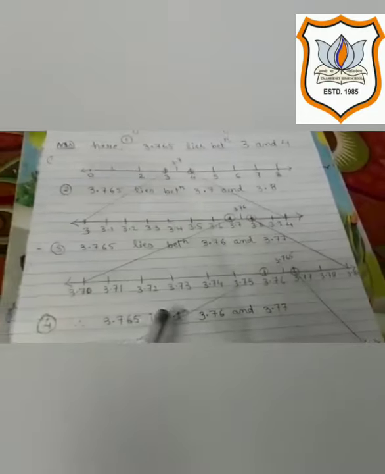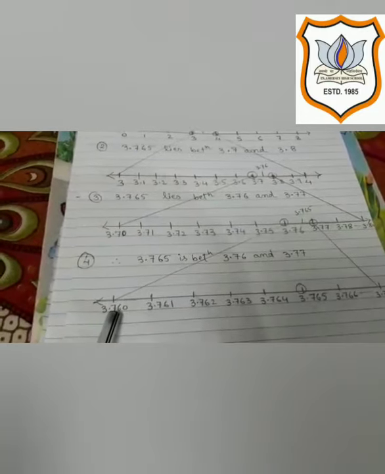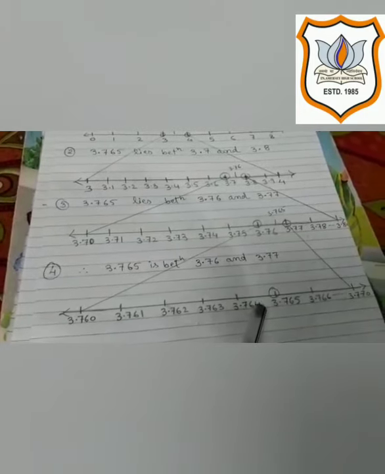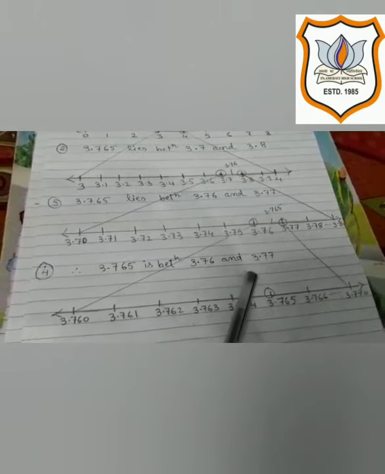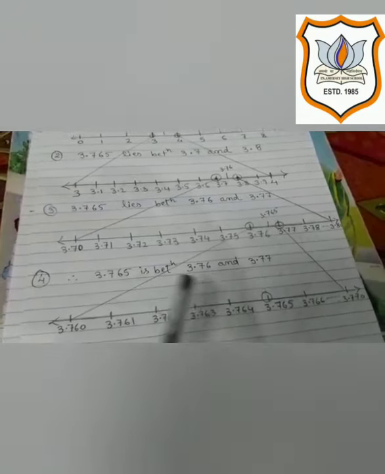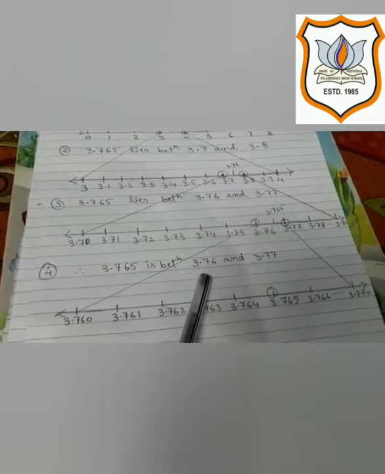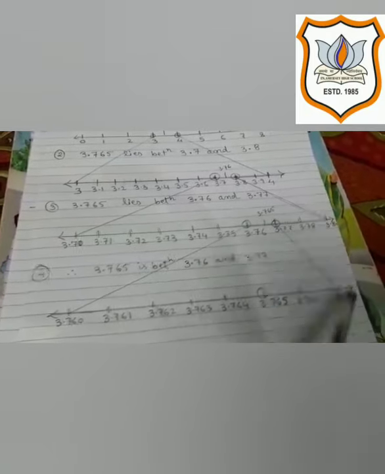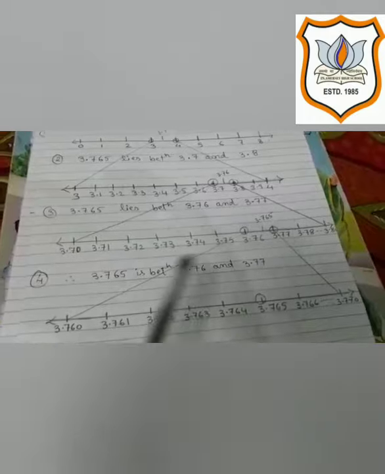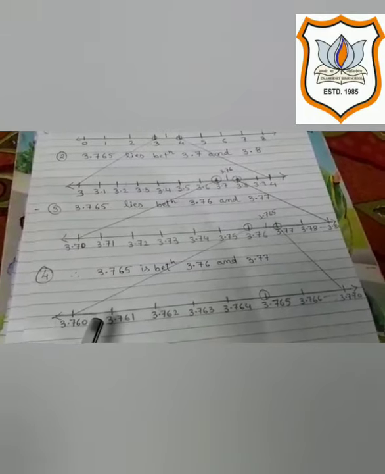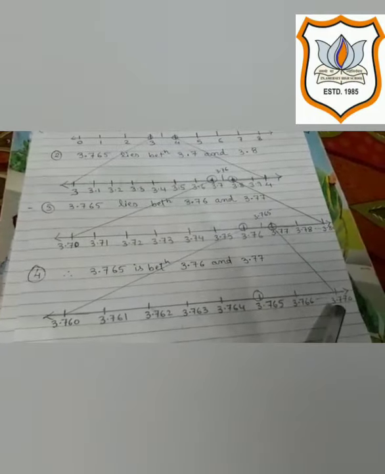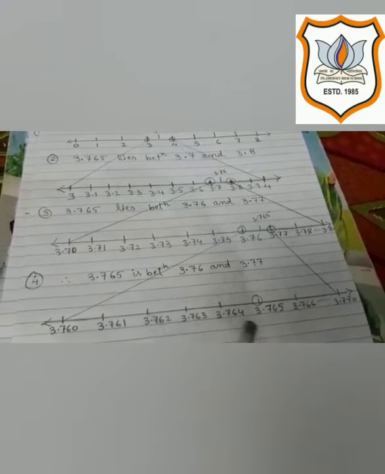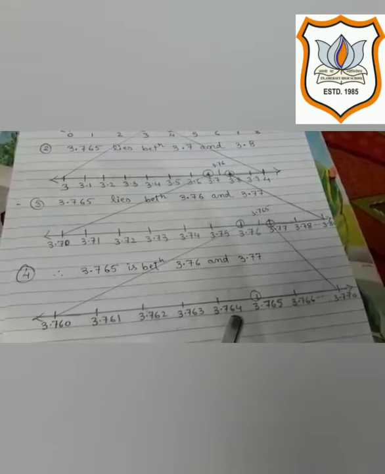And the last step we will make 3.760, 761, 762, 763, 764, 765, which is between 76 and 77. 760 and 770. 3.760 to 3.770. We have found our required number, that is 3.765.